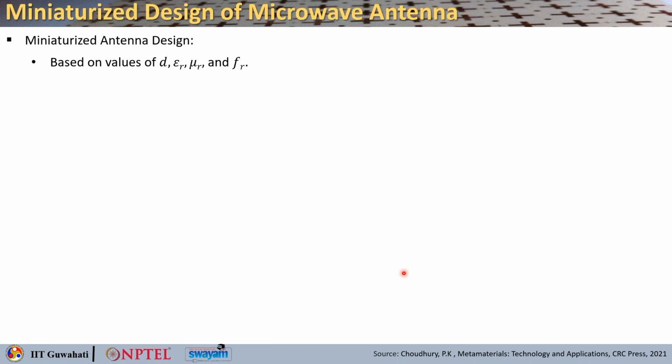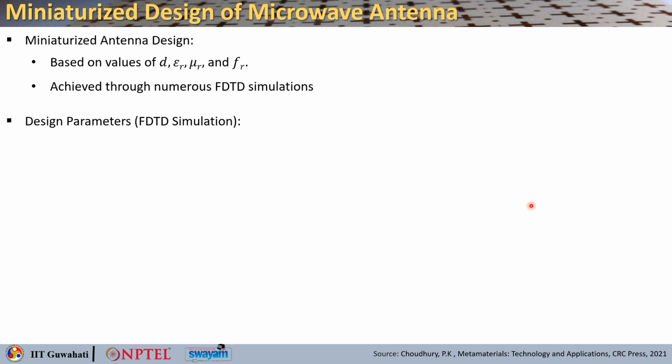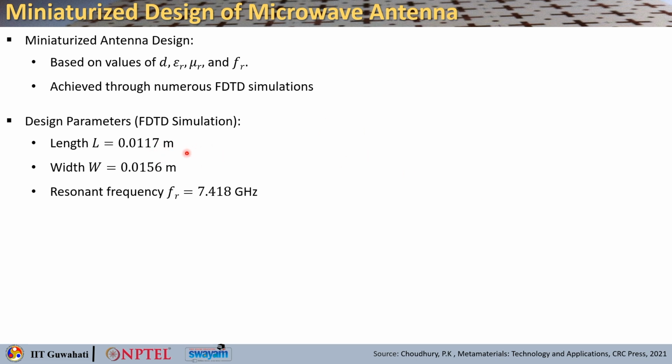So, let us find a miniaturized design of a microwave antenna for the given values of d, epsilon r, mu r and resonance frequency f r. So, taking into account numerous FDTD simulations, we are able to obtain the appropriate antenna design with length of 0.0117 meter and width of 0.156 meter, okay, resonating at 7.418 gigahertz, right.